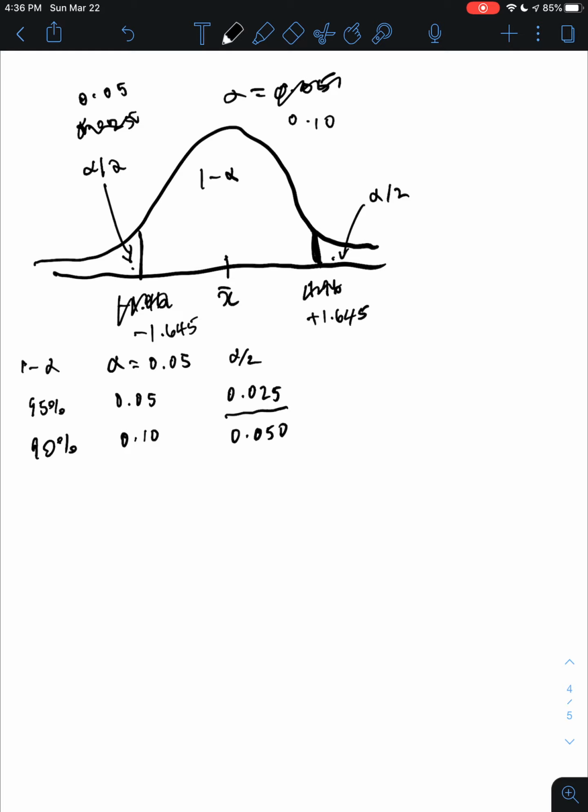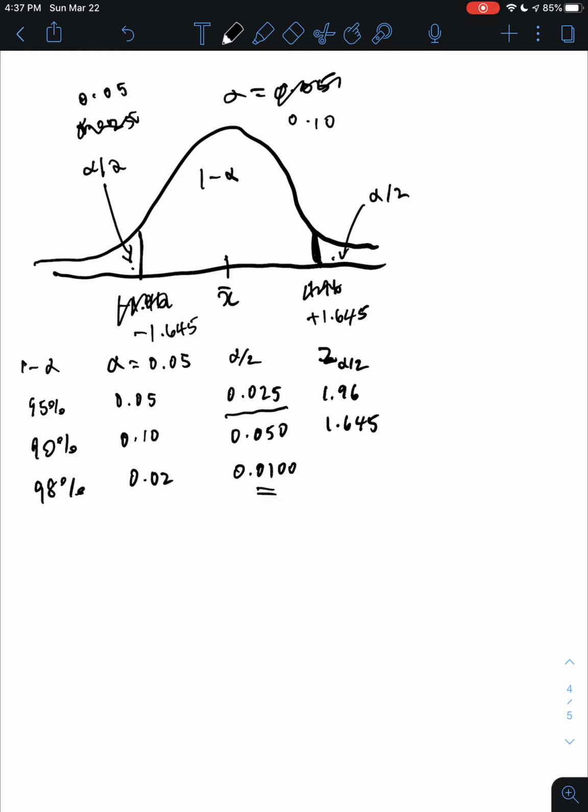Okay, and so these numbers are Z values. They're from the Z table, so they're called Z sub alpha over 2. Z sub alpha over 2 in the first case was our familiar 1.96. In the 90% case, it was 1.645. And I'm going to ask you to do the next two on your own. They're not hard, really the same. If 1 minus alpha, if our confidence is 98%, then alpha is 2%, alpha over 2 is 1%.